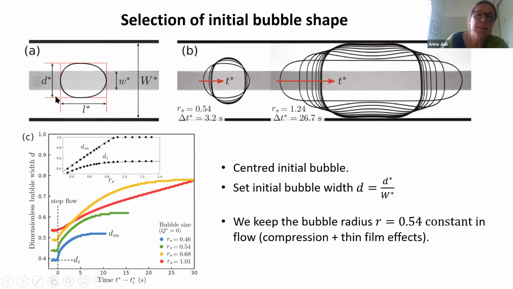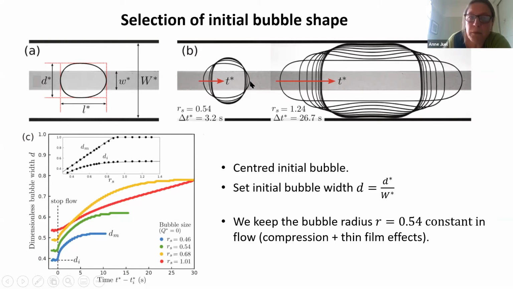So how do we set different initial conditions? Because we want eventually to look at the effect of the initial bubble shape on its transient evolution. To do that, early on, upstream in a channel, we're going to start the bubble going, and then it's going to deform into a slender bubble.